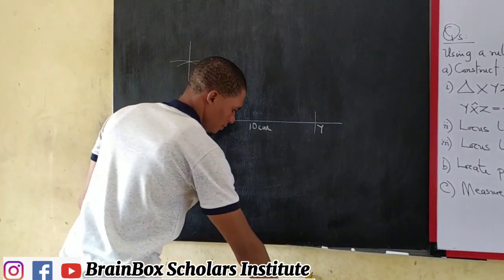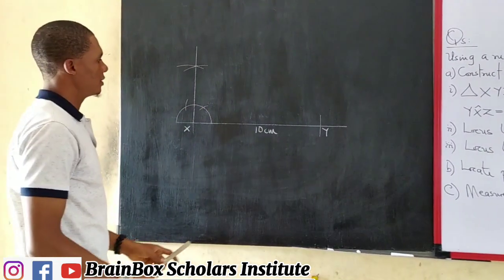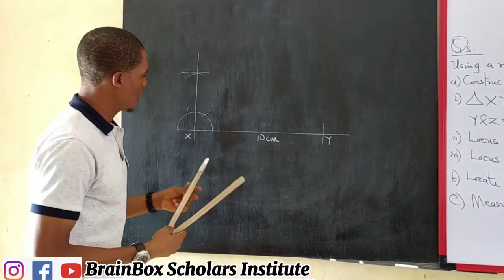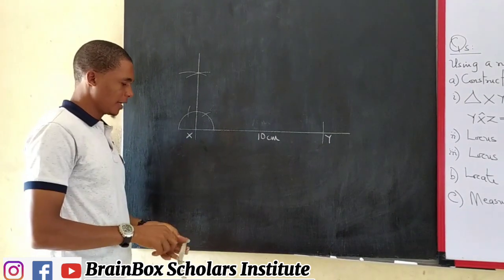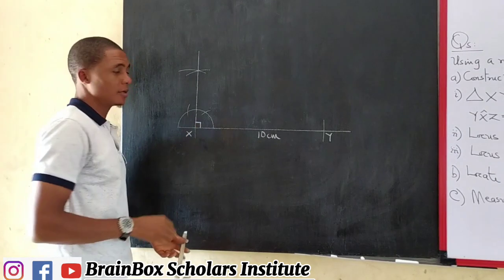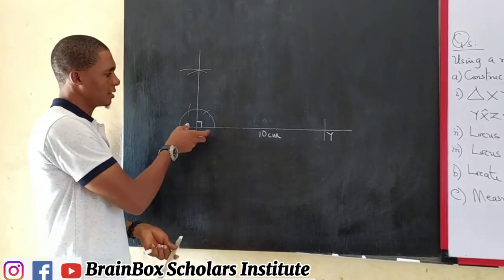Alright, so I've gotten 90 degrees. What else? It is to get 45 degrees, right? So here is my 90 degrees. I have to bisect this 90 degrees to get 45.